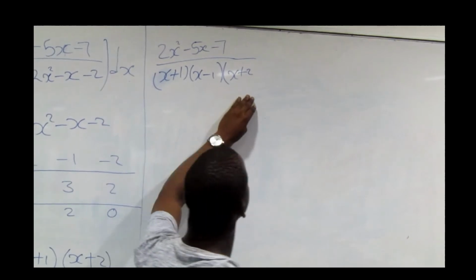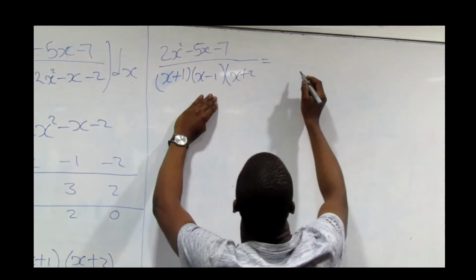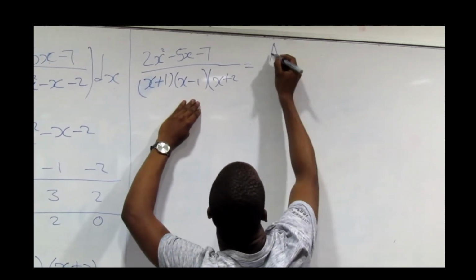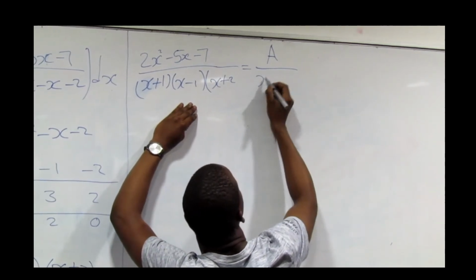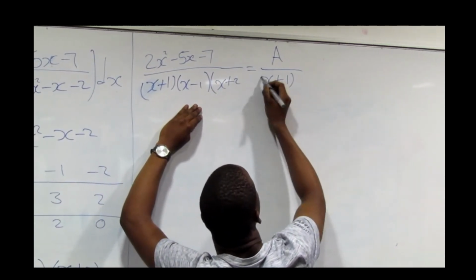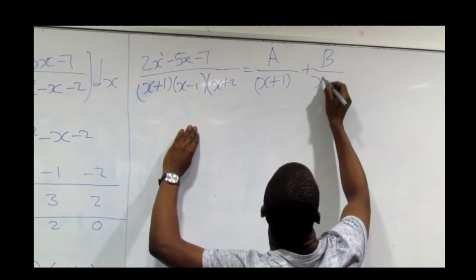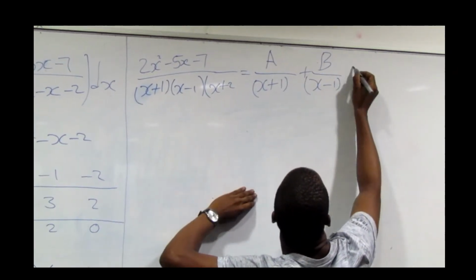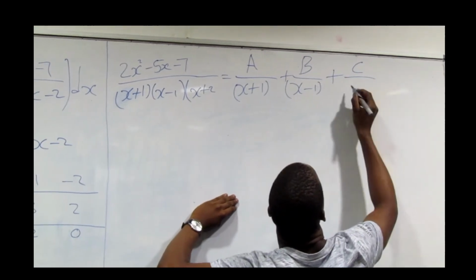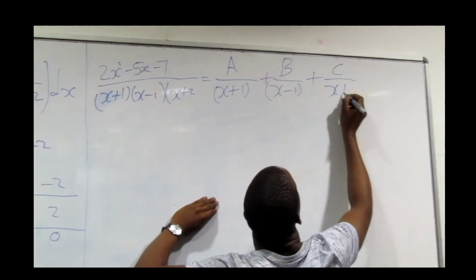Then from there on, when you arrive here, we just have to say it is equal to a over x plus 1 plus b over x minus 1 plus c over x plus 2.